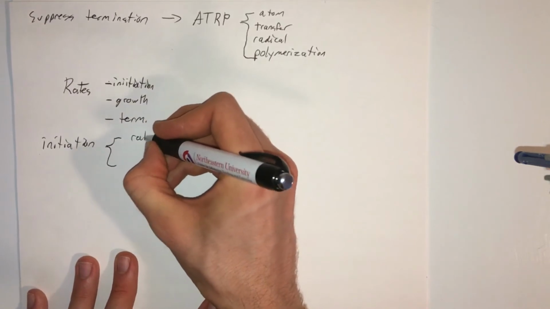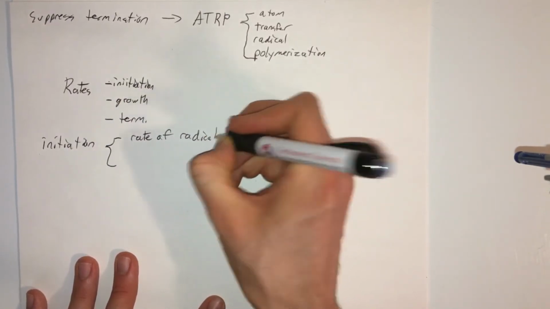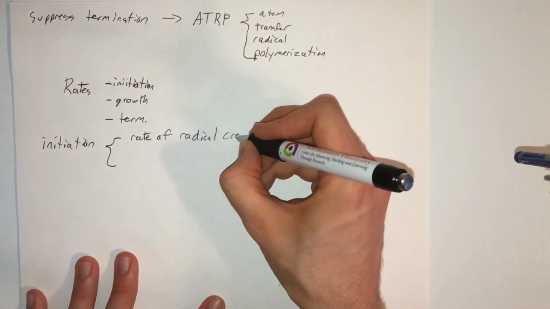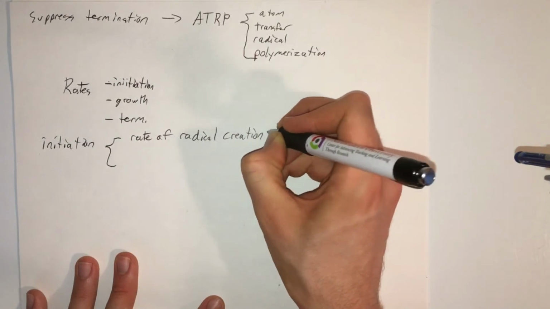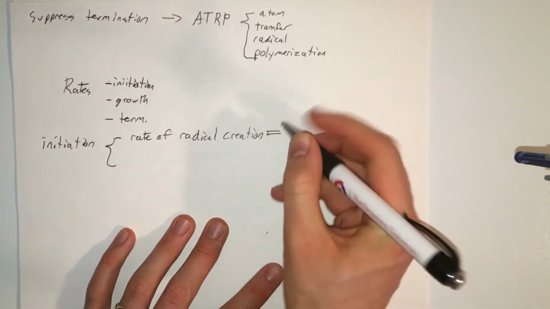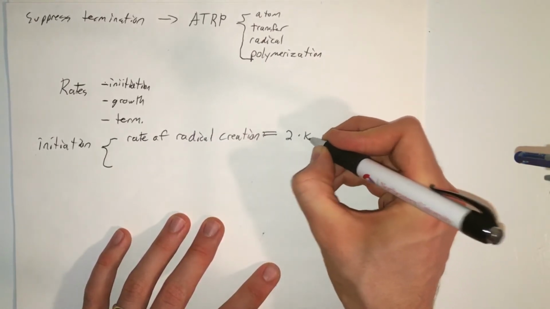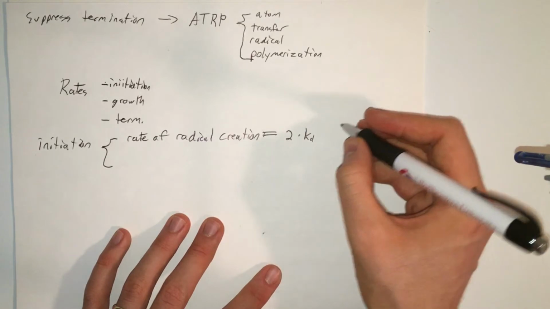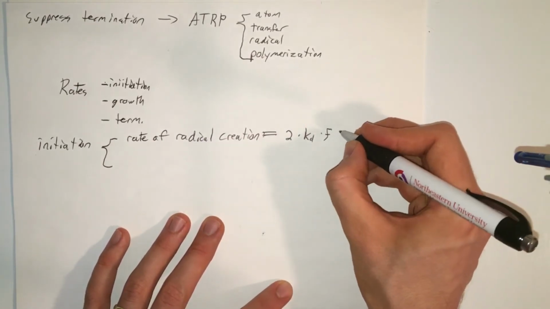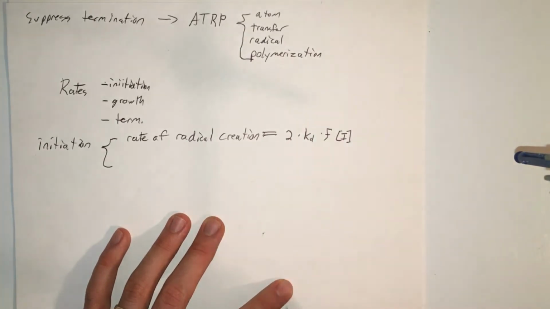First, we need to create radicals. And the rate of radical creation is equal to 2 times a dissociation constant times some factor F, which I'll talk about in just a second, times the concentration of initiators.